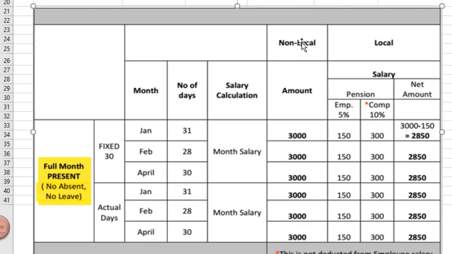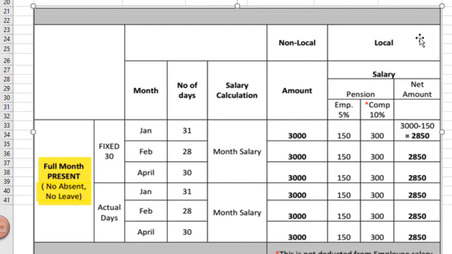So therefore, the amount will be exactly 3,000 for all months equally. Since they went for 31 days or 28 days, in both cases, since they went for the full month, they will take the 3,000 completely. So this is how it's calculated.